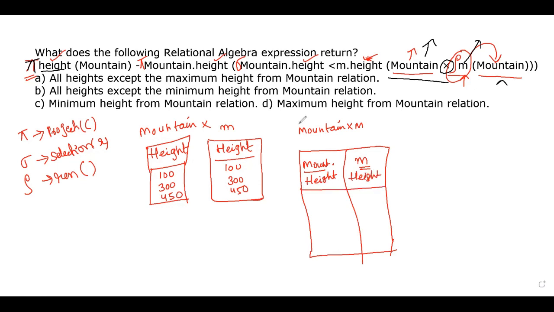Remember when you see the cross product, what is going to happen? 100 will come here, 100 will come here, like that.